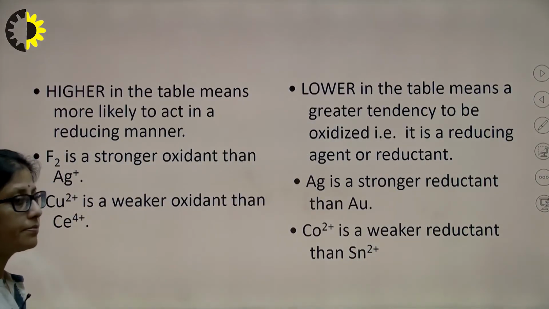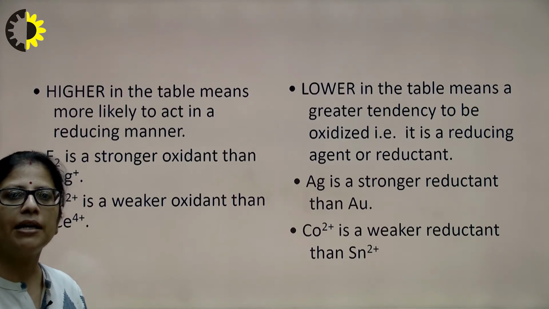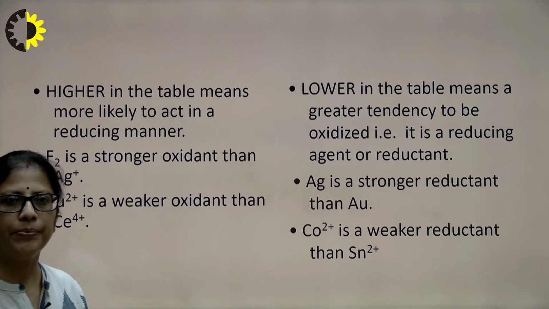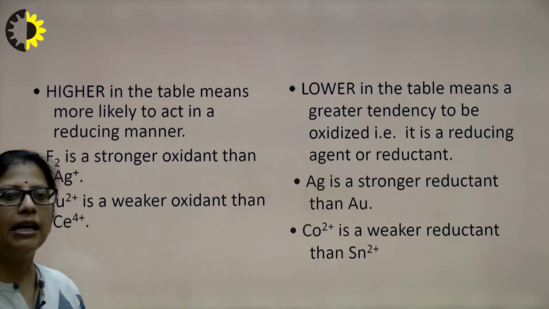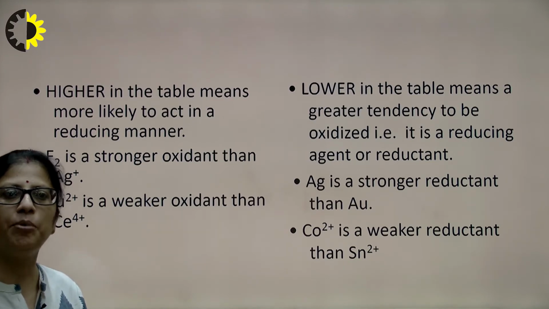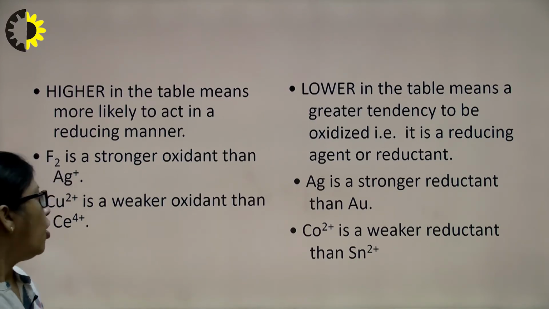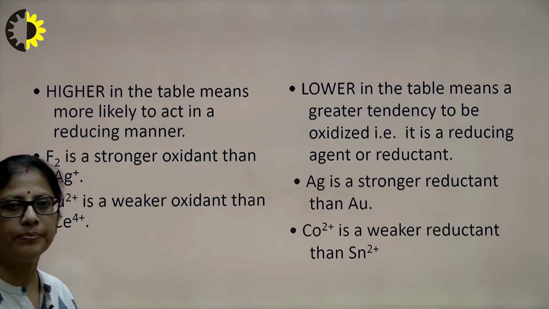Now, higher in the table means they are more likely to act in an oxidizing manner. F2 is a stronger oxidant than Ag plus, because F2 was at the top and Ag comes below. Similarly, copper is a weaker oxidant than cerium.